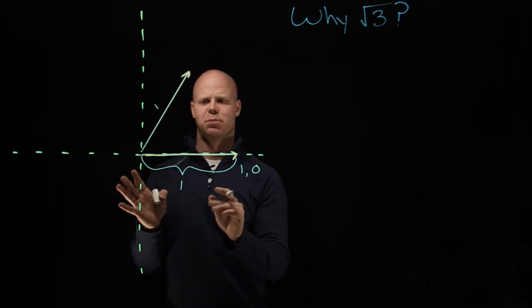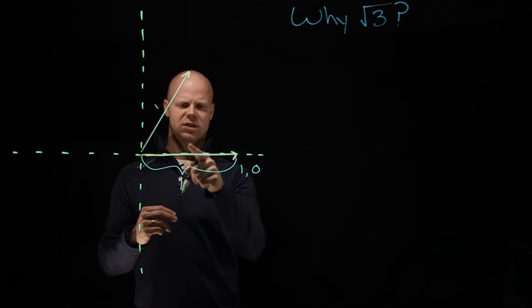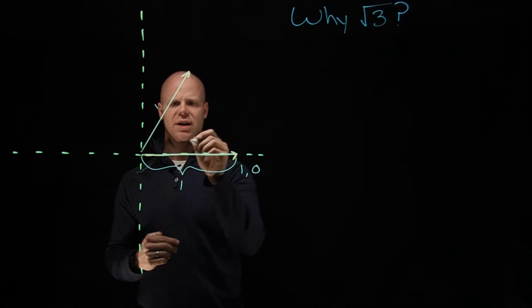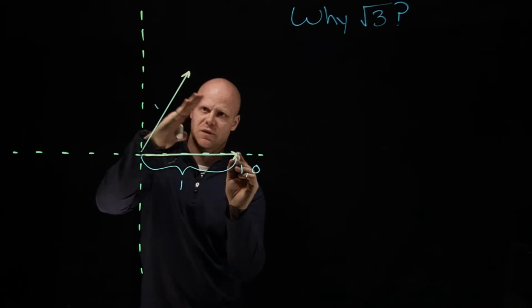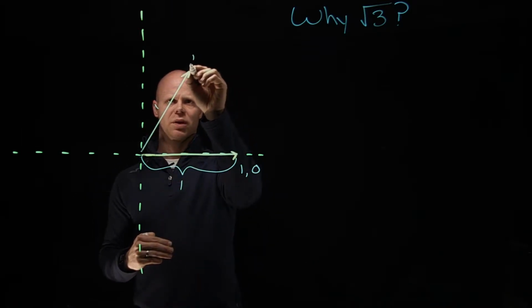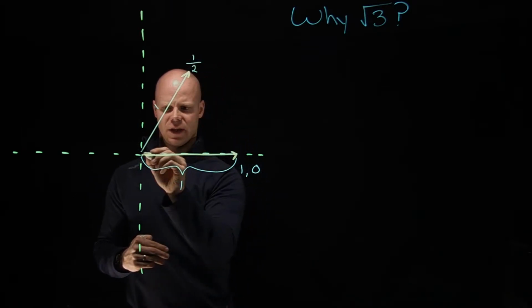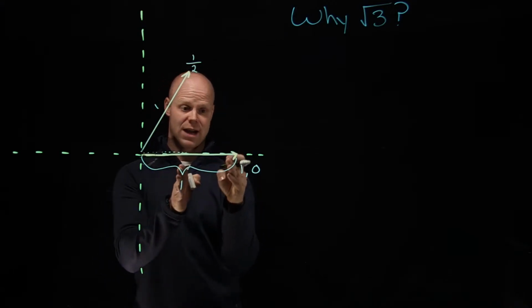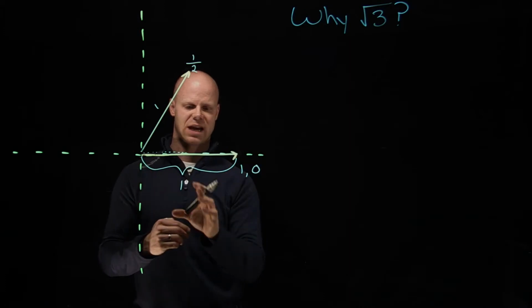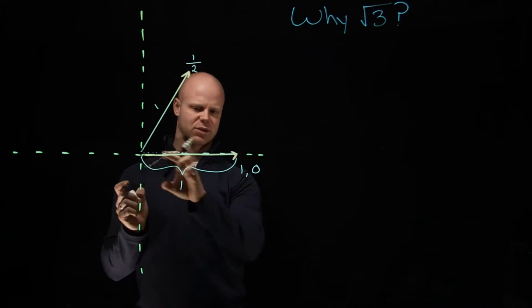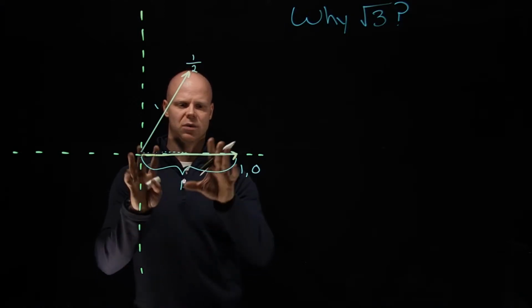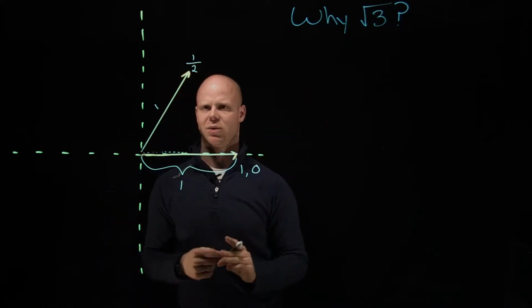And at this point, I've shifted this phasor so that its horizontal component would be 1/2. That means the length of its base right here is 1/2 or half of the magnitude. It works out as half because we set this as 1. If this was a magnitude of 120, then its horizontal component would be 60. But we're going to leave this to get to where root 3 is.